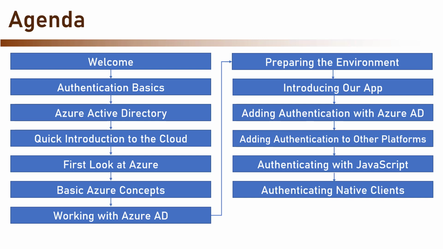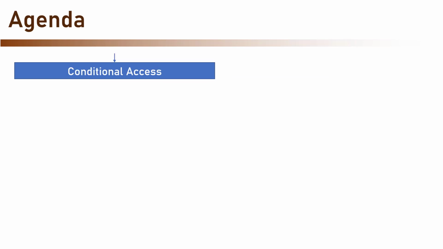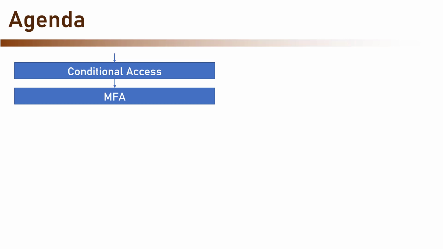So now we have apps with authentication implemented using Azure Active Directory, and the next thing we are going to do is to customize this authentication, and we will talk about the various aspects that can be customized in the authentication of Azure AD. Next, we are going to talk about conditional access and MFA, which are two of the most advanced and important capabilities of authentication of Azure AD.